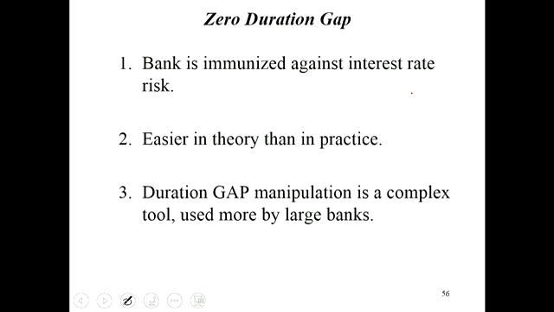Normally you can't do that as a bank just by the way you structure your balance sheet. If you want to do that, you typically have to use some sort of derivative to offset the interest rate risk that you actually have.